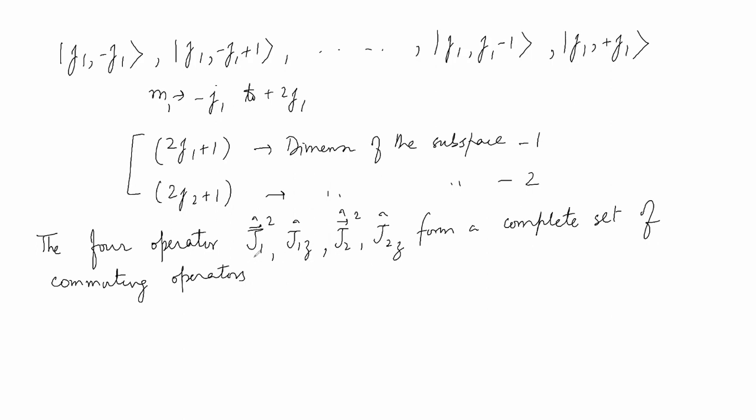Therefore, J1 square also commutes with J2 square, and J1 square commutes with J2Z.